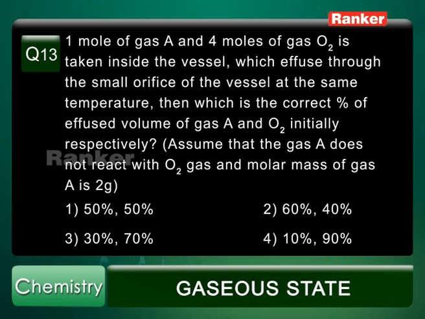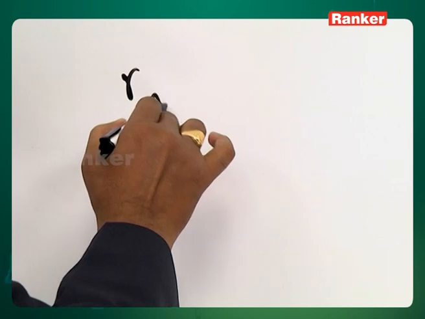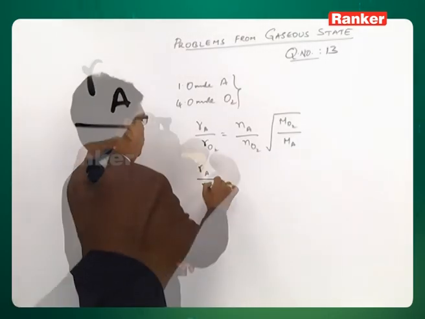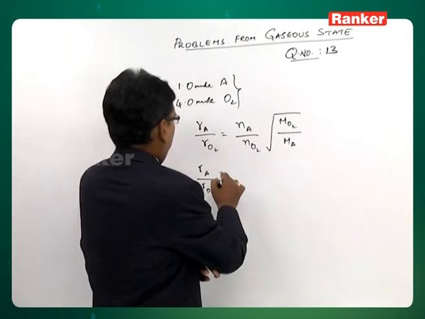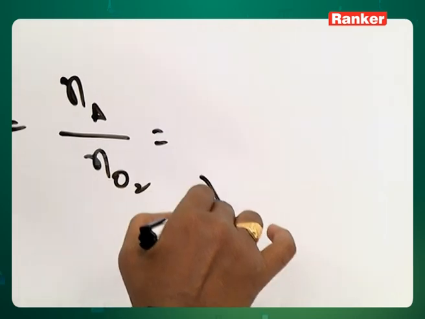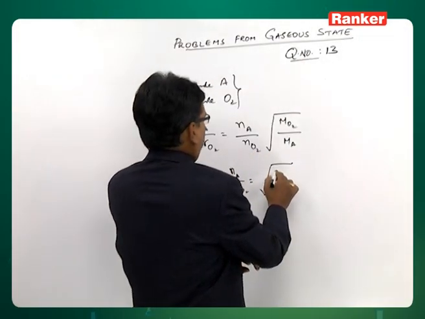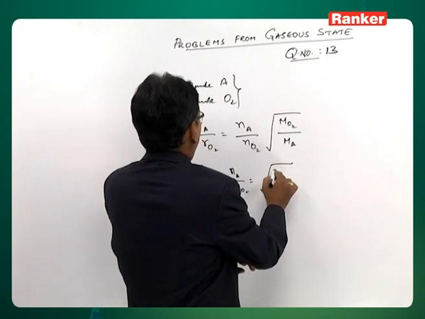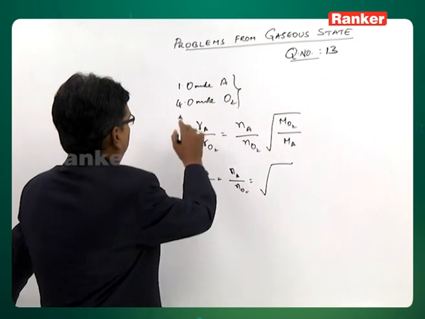Molar mass of gas A is 2 grams. So, what we have to find is the ratio RA by RO2, which is equal to NA by NO2 into root over the molecular weight of oxygen by that of A. Now, this mole ratio is 1 by 4.